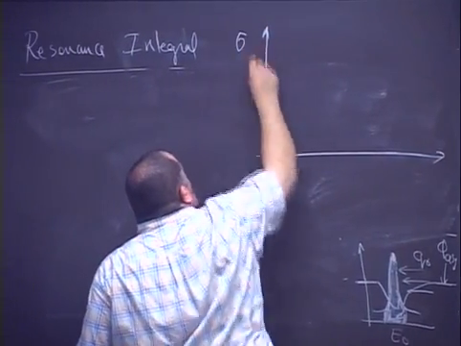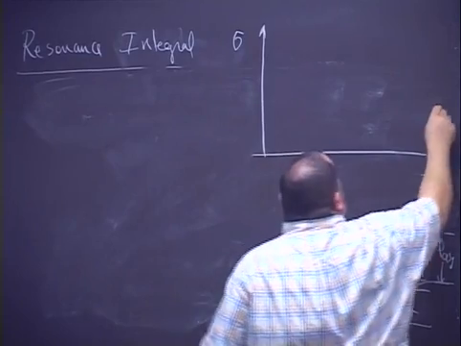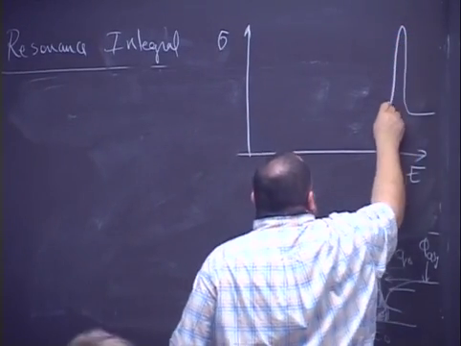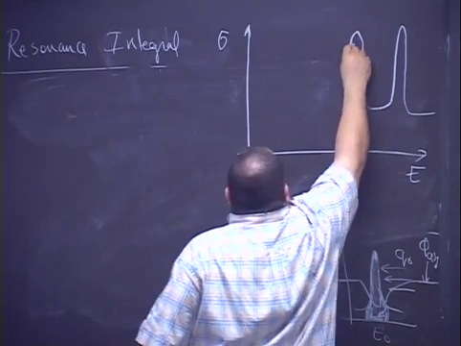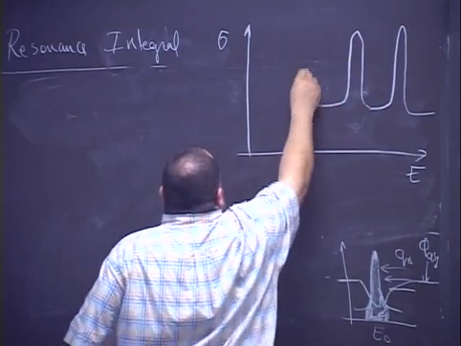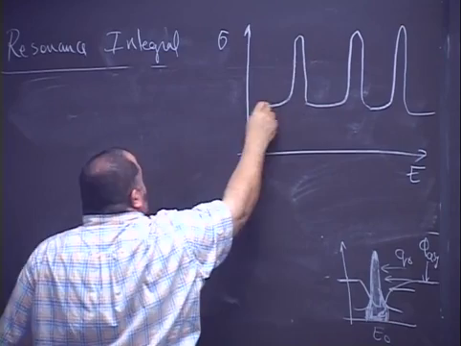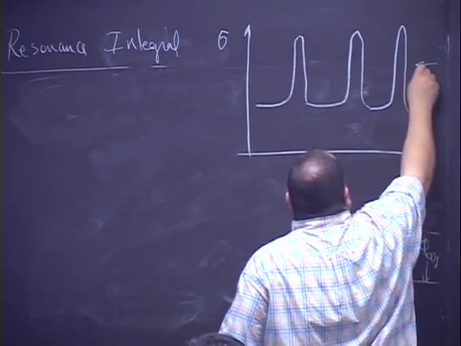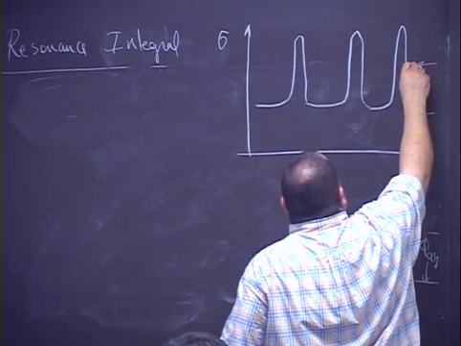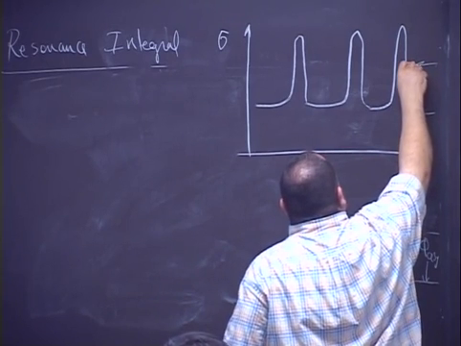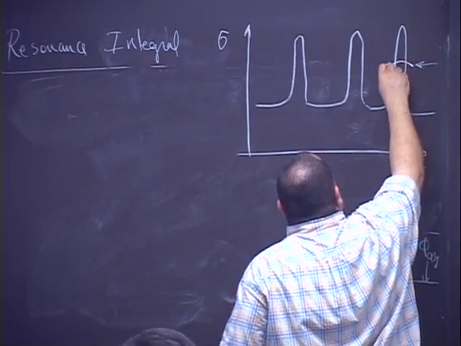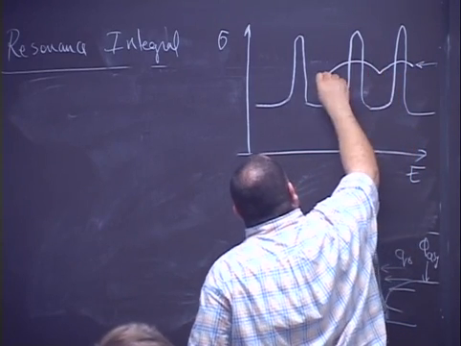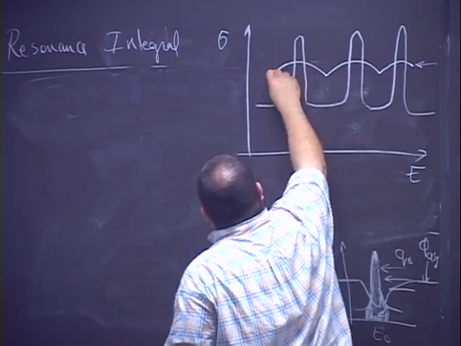So sigma as a function of energy E looks like this: you have the first resonance, then a second resonance, then a third resonance, and so on. If you are coming from here, the neutron has a chance or probability to be absorbed in this resonance, then it will pass it, get another chance to pass this one, then a third chance to get through this one.